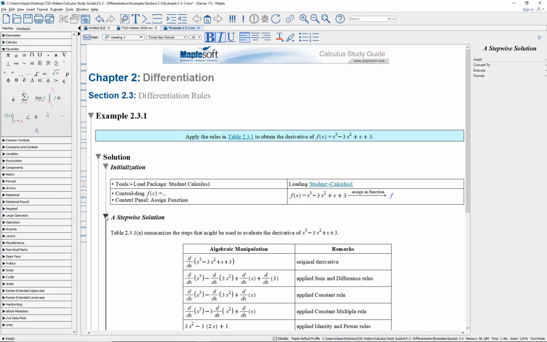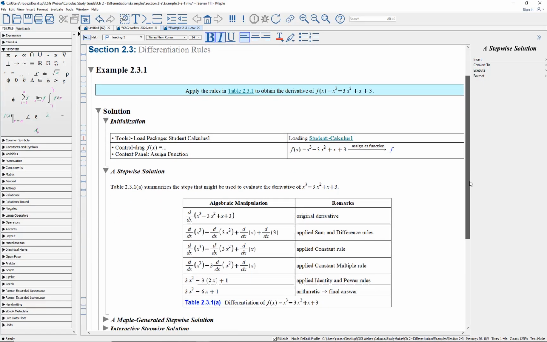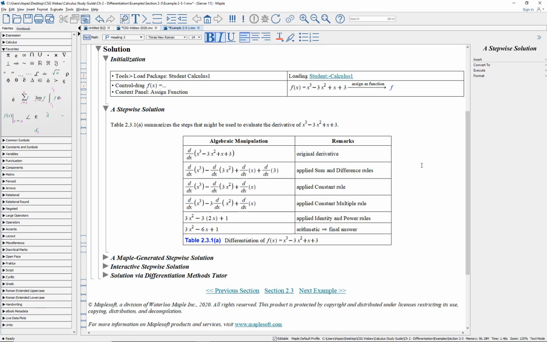What's a stepwise solution to this problem? Well, here's one way to organize a solution. Here are the rules. This is the effect of applying those rules. So, for example, a sum rule, which breaks things at the pluses and minuses.